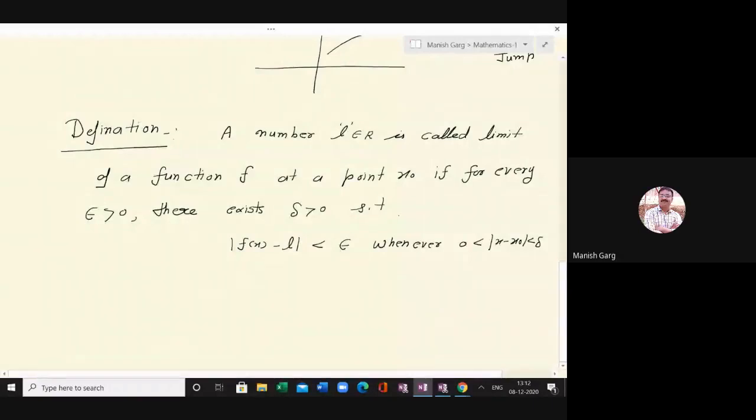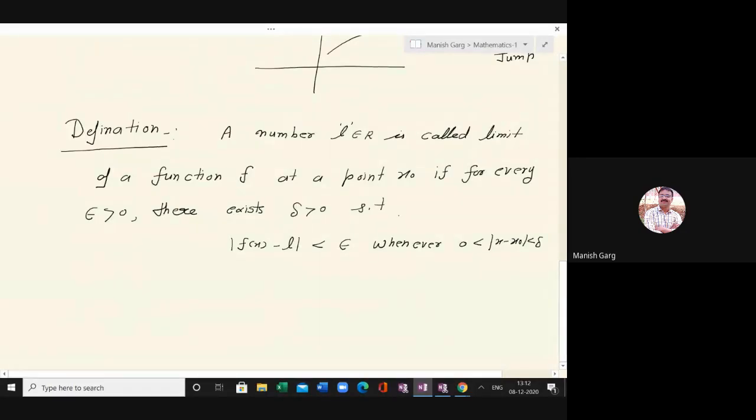What it says: if for every epsilon greater than 0, there exists a delta greater than 0 such that mod f(x) minus L is less than epsilon whenever this condition is satisfied.